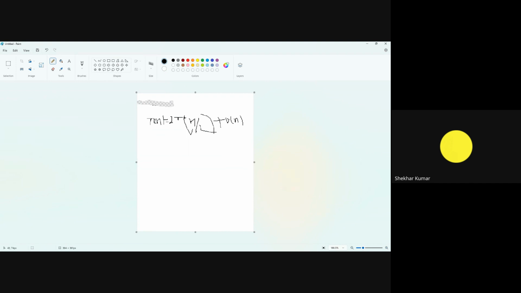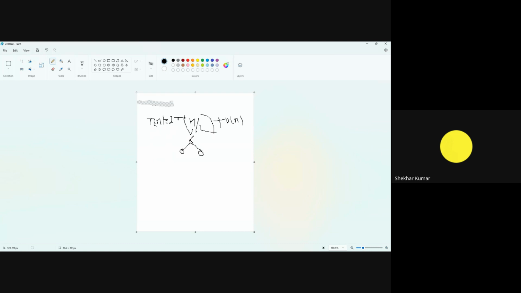Okay. In this recurrence relation, I have divided the problem of size n into two equal halves. You can see with the help of a tree.